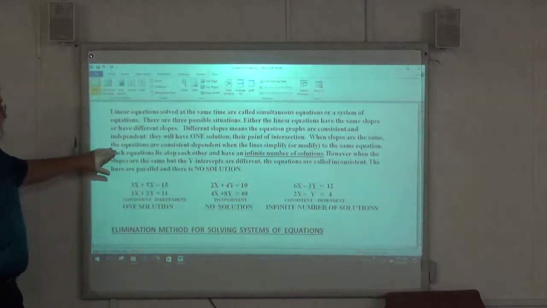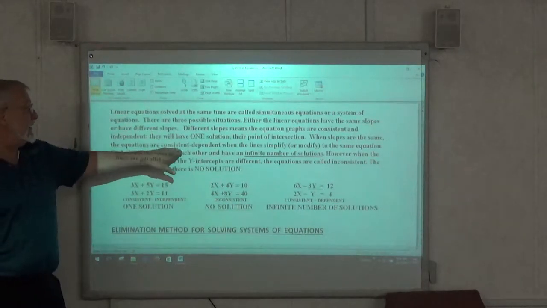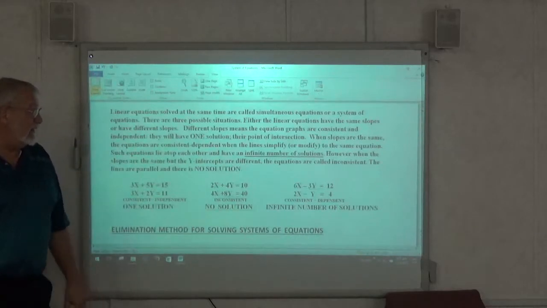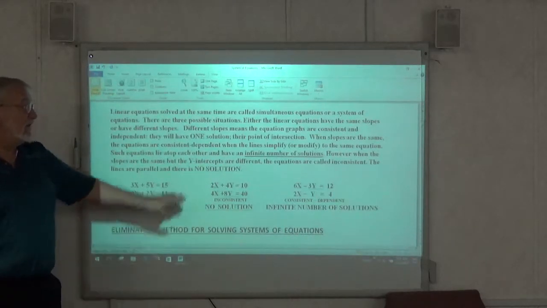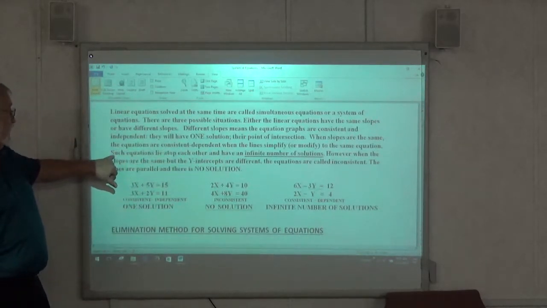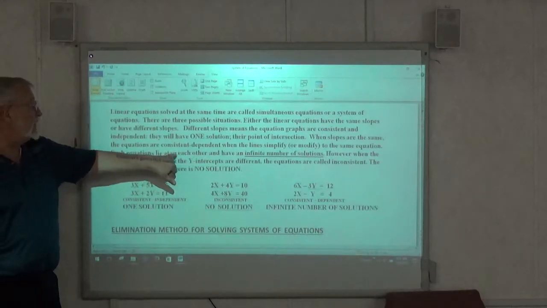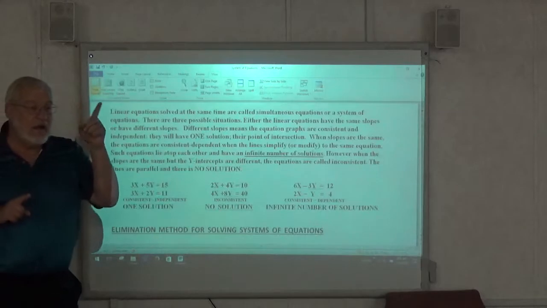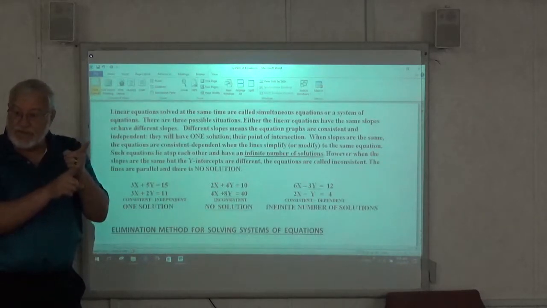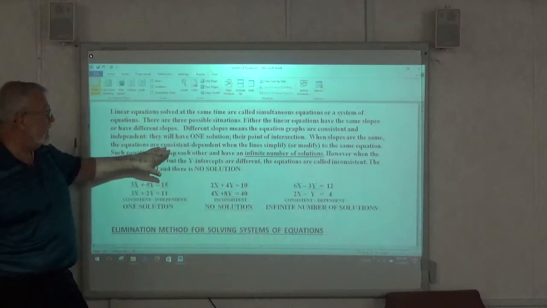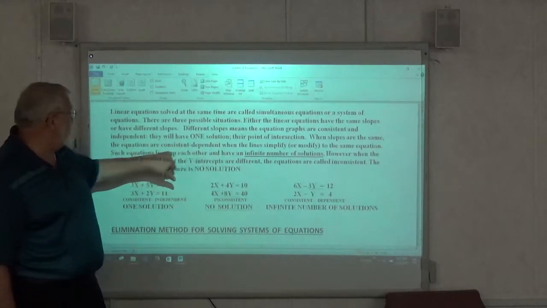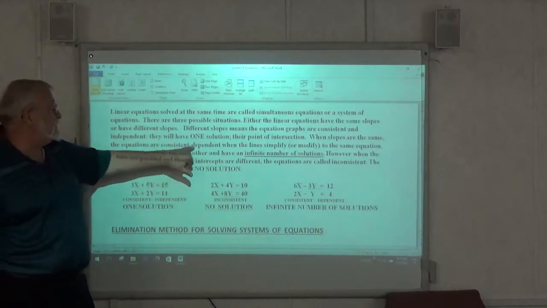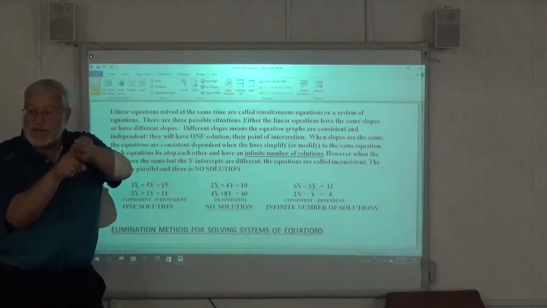When the slopes are the same, the equations are consistent and dependent, when the lines are simplified. All right? Such equations lie atop one another. In other words, if you have an equation that's a multiple of another equation, for them to be consistent and dependent, the one is on top of the other.